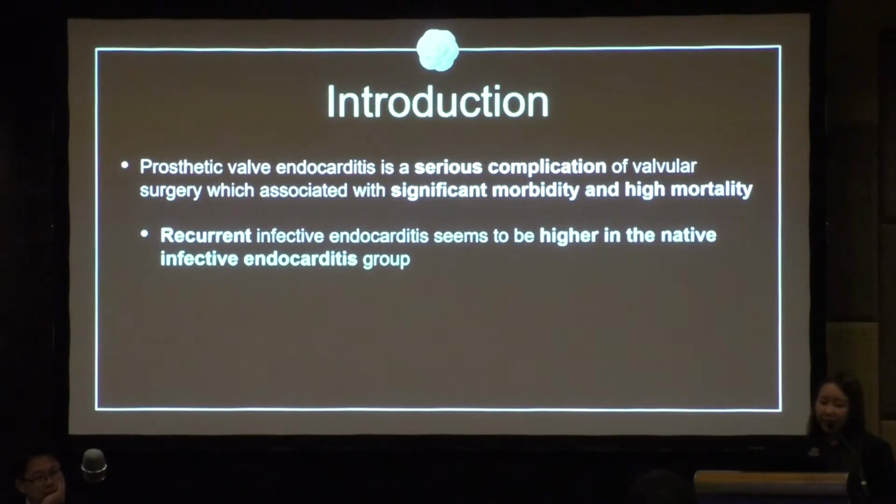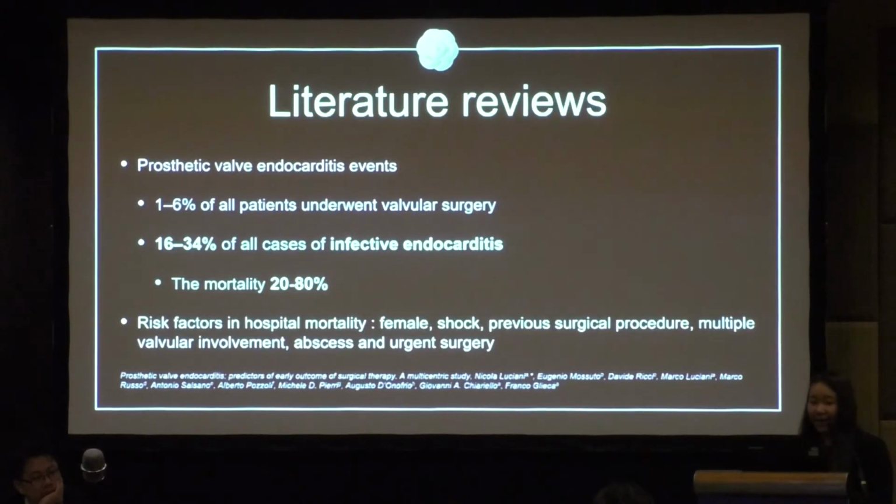The recurrent infection was higher in the native infective endocarditis group. From the review, we found that 1 to 6% of patients who underwent valvular surgery were exposed to PVE, or prosthetic valve endocarditis.